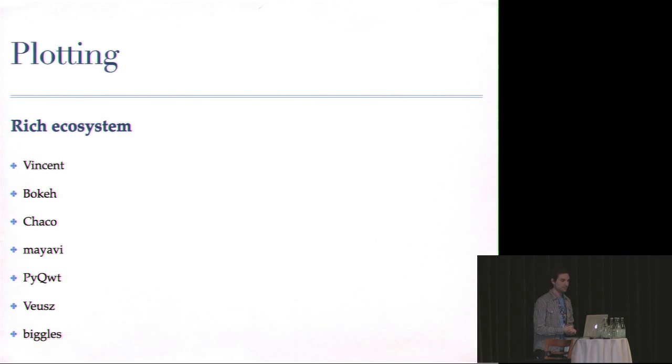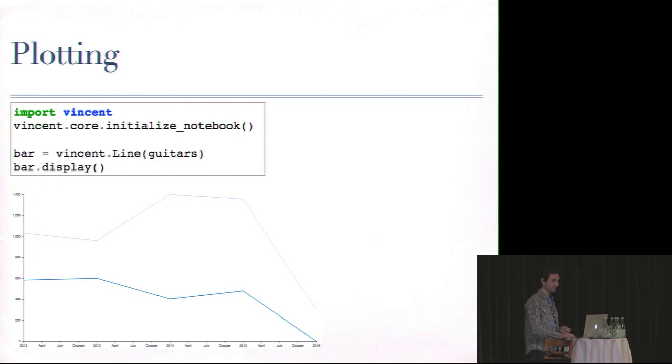There's a rich ecosystem of visualization tools that you can plug into Pandas, and they all have different functionalities, pros and cons. I will just mention 2 of them in brief. So Vincent, I discovered. Has anyone here used Vincent? No?